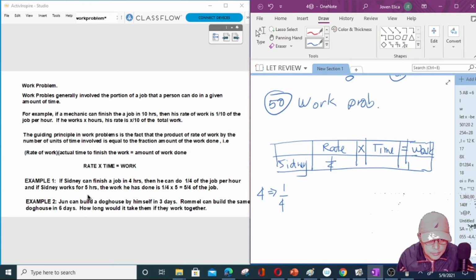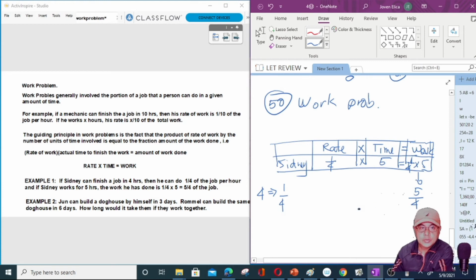And if Sydney works for 5 hours, the work he has done is 1/4 multiplied by 5, which is equal to 5/4 of the job.